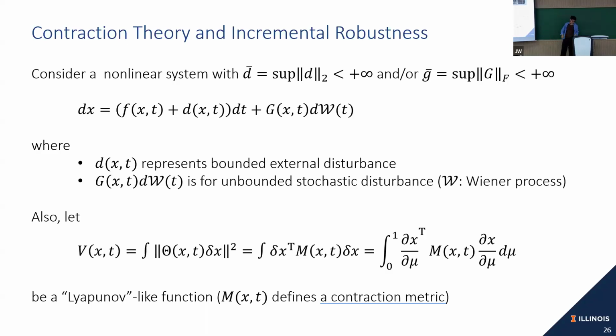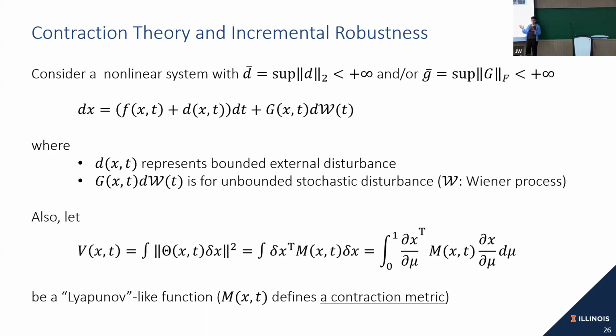So this is just an introduction to contraction theory work. And this is what I was talking about. Instead of just considering the generic nonlinear function V, let's consider differentials, a tiny state variation, as in calculus of variations.